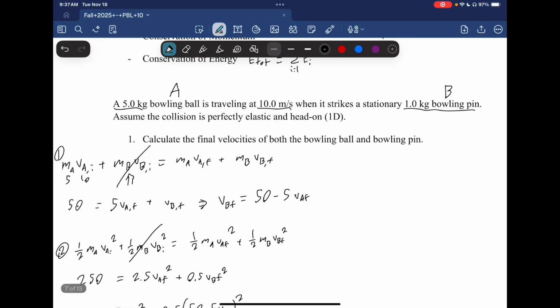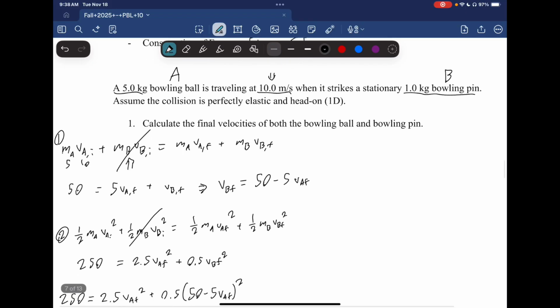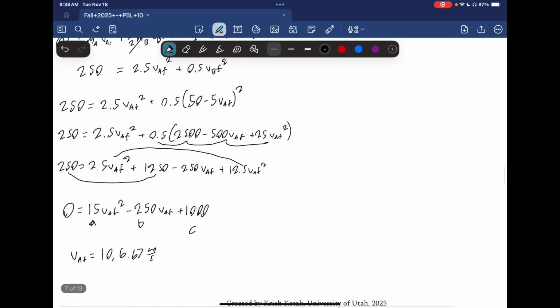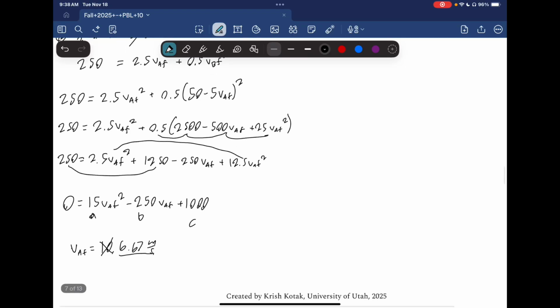Well, if you go back to our initial question, remember the bowling ball is A, and we want the final velocity, VAF. The initial velocity was 10 meters per second. And if it bounces off the bowling pin and they strike elastically, it's going to make sense that it has a little bit less velocity. The bowling ball is bigger than the bowling pin. It's going to cause the bowling pin to move. And so the bowling pin has to have some velocity, meaning we don't choose 10, we choose 6.67 as our VAF.